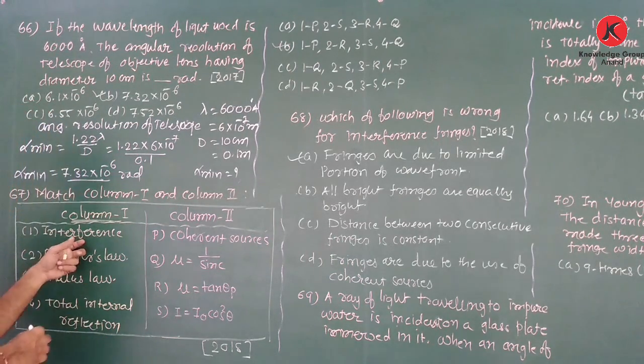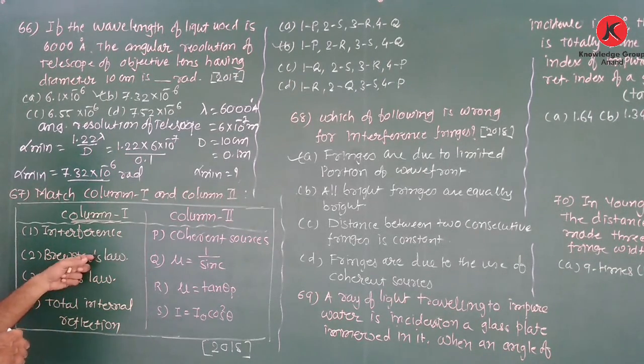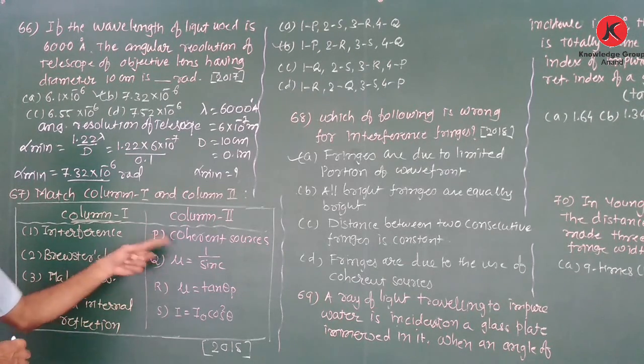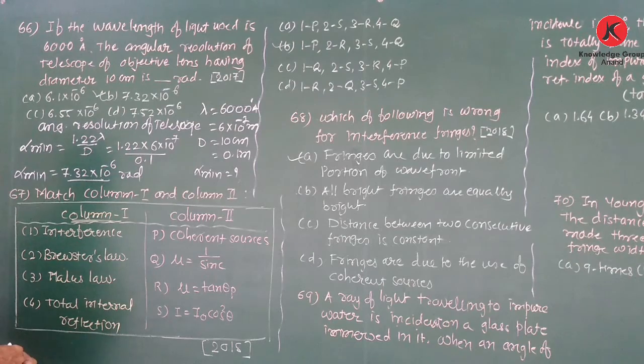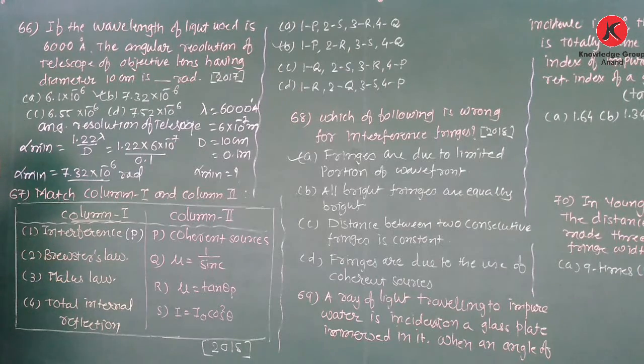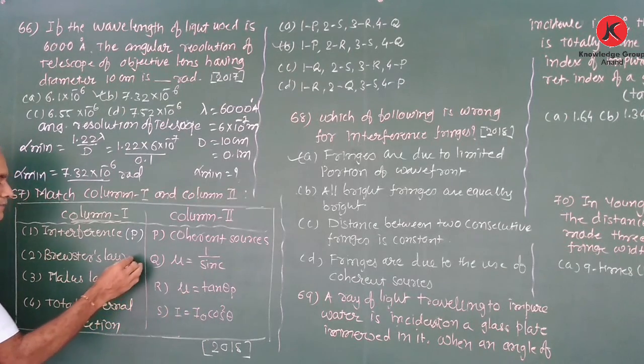We know that for interference, coherent sources are required, so that is the option for the interference pattern. Now for Brewster's law, mu is equal to tan theta p. That is R.